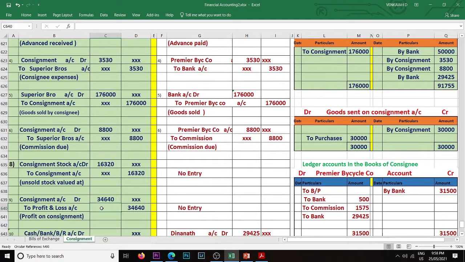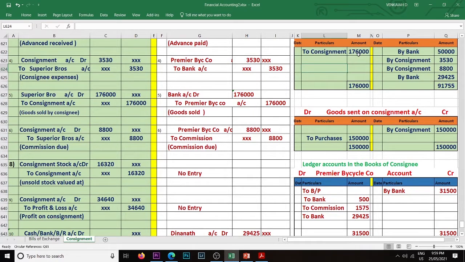Okay, right. Now we'll complete the Superior Brothers account. This entry we already passed. Okay. All these are adjustment entries according to the ledger adjustment. Right.